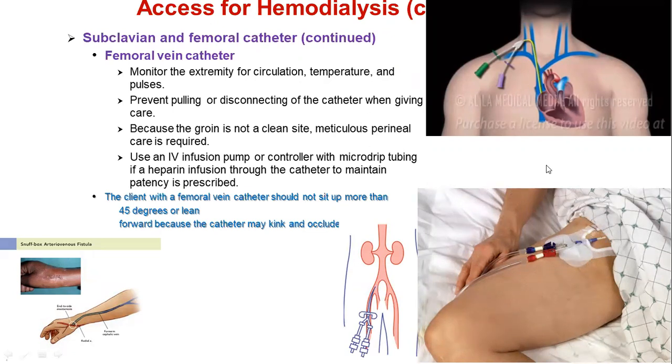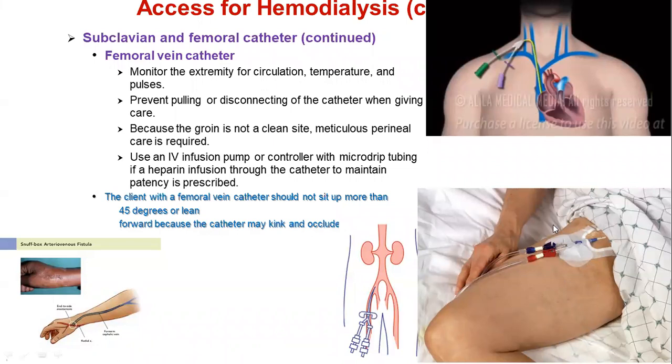In relation to the subclavian, they have less chance than femoral to spread the infection. But if infection spreads once, that will be more dangerous than femoral. Let me recap it.